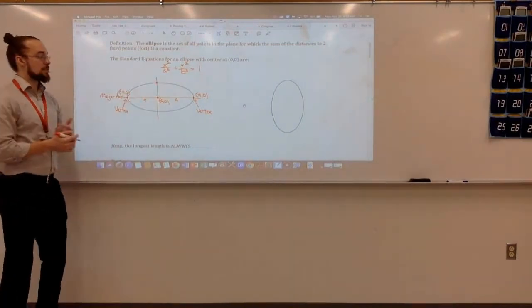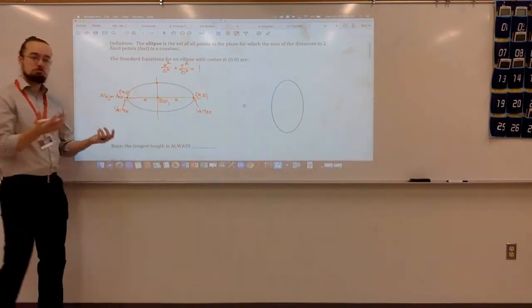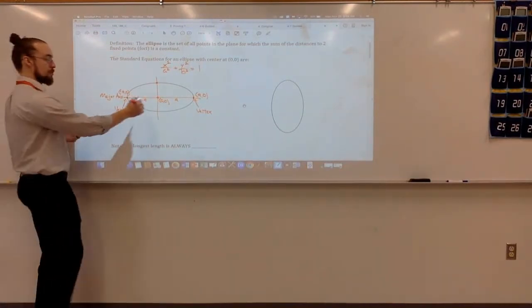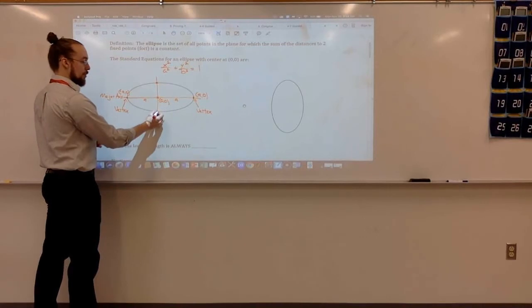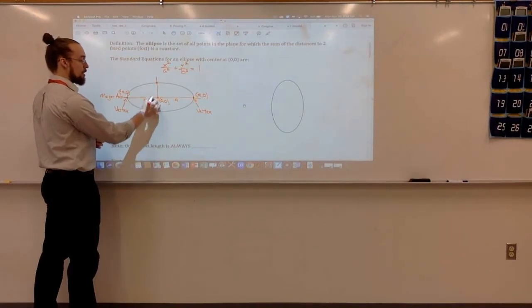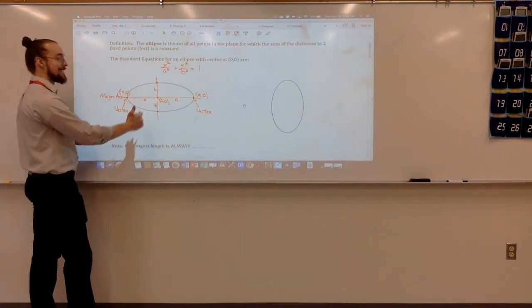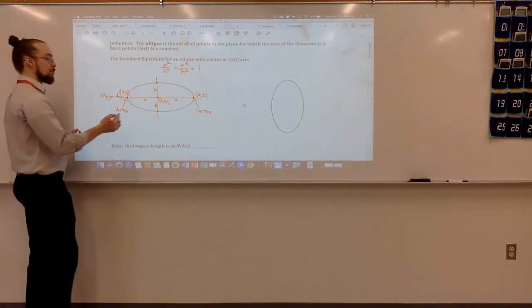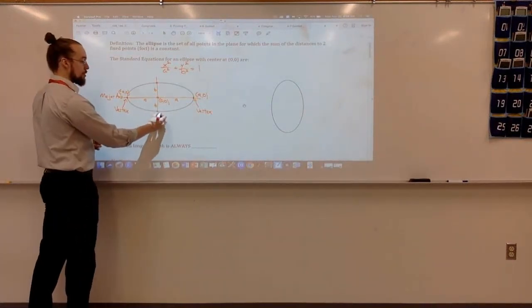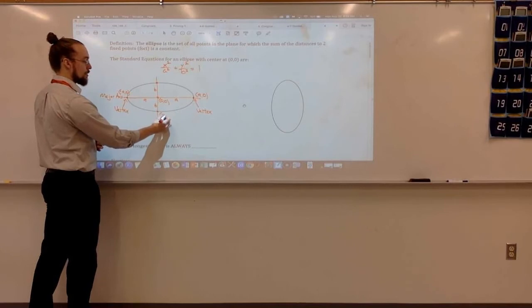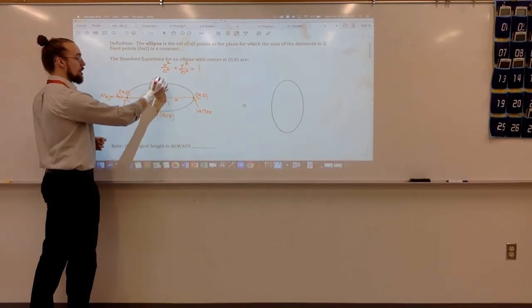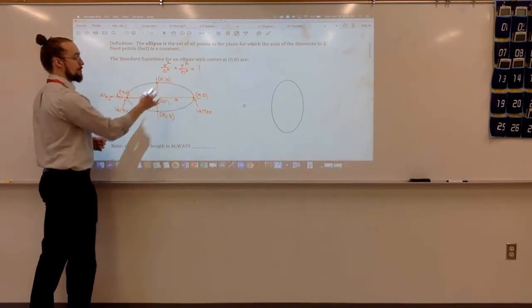Denominator of y tells us how far then to go up and down. So if I go a distance of b up and down, I will get to these endpoints here. So this would be at 0, negative b, and this would be at 0, positive b.